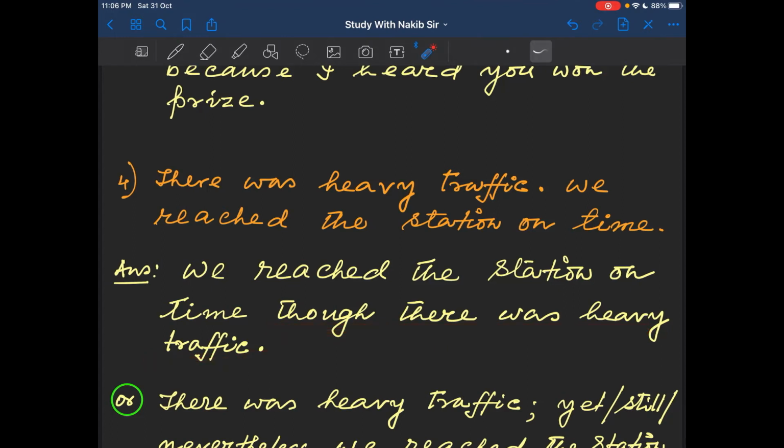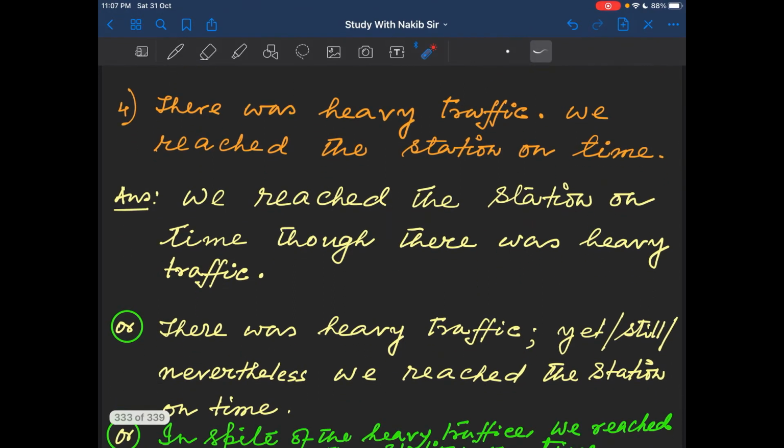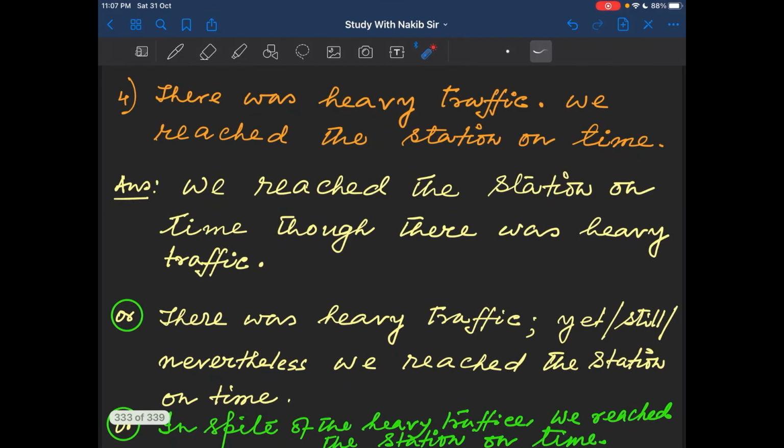We should have been late, but no. Here we reached the station on time. So it is contradictory or contrasting. And see this one also. This is a complex sentence and this one is a compound sentence. There was heavy traffic, yet or still or nevertheless we reached the station on time. You may use yet, still or nevertheless, and the sentence will become a compound sentence.